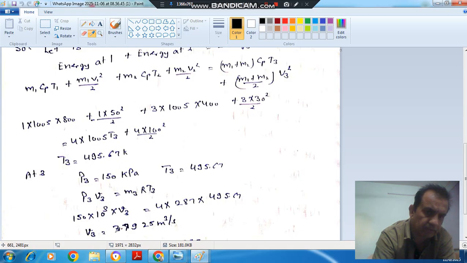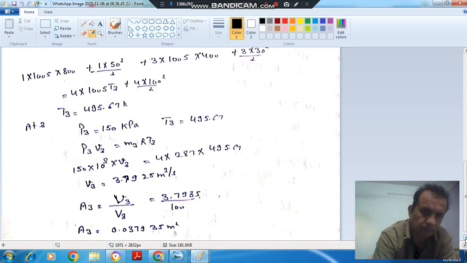So V3, the specific volume, comes out as 379.25 meter cube per second, or it will be in meter cube per second because mass is in kilogram per second. So this is your specific volume, and now we can find out the area also.